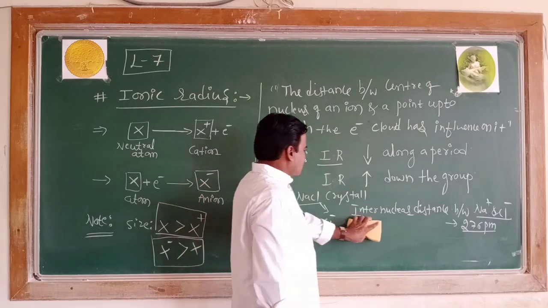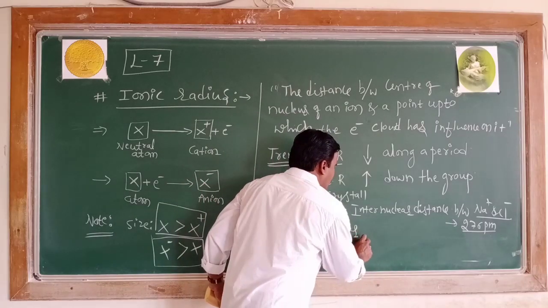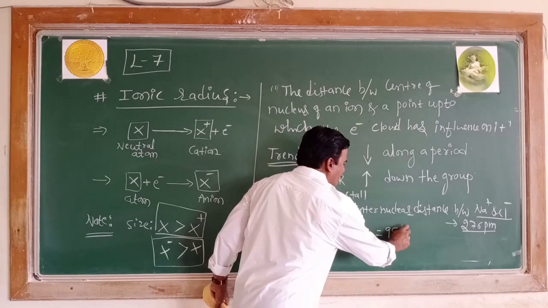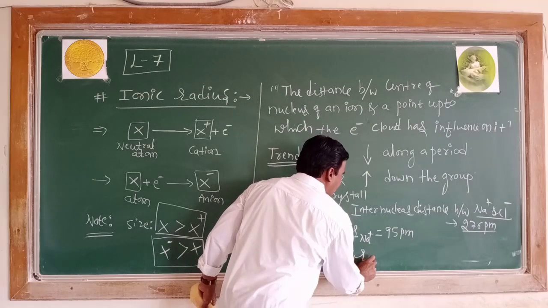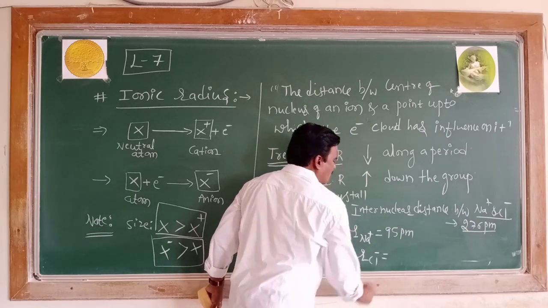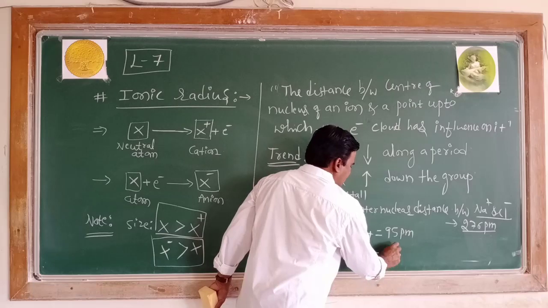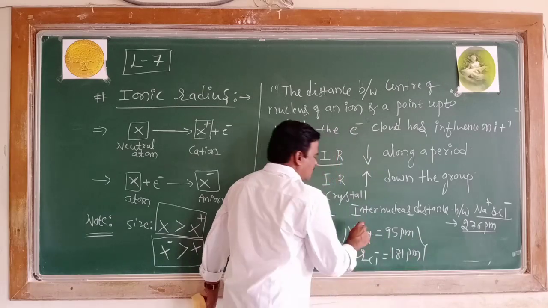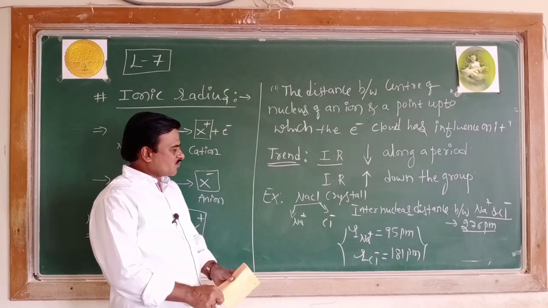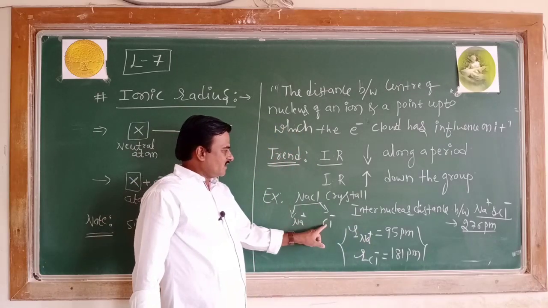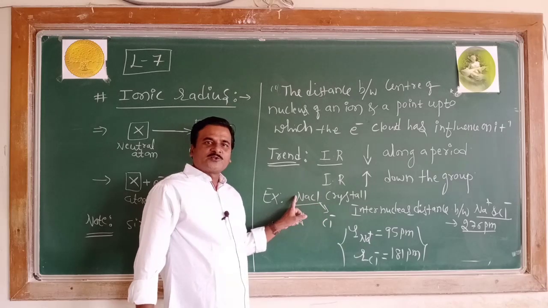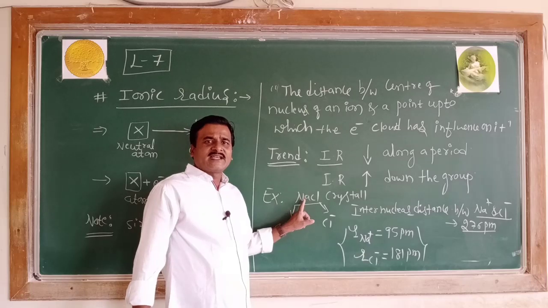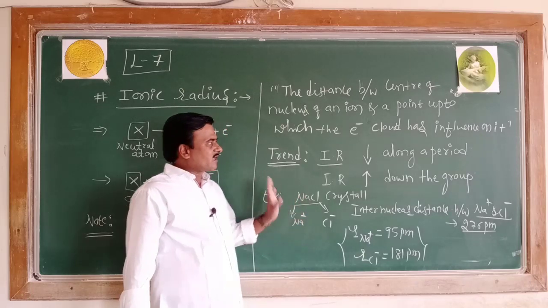The ionic radius of sodium ion was found to be 95 picometer, and that of Cl minus was found to be 276 minus 95, 181 picometer. This is how the ionic radius corresponding to the ions of ionic compounds, the cations and anions, is determined. Let's conclude.